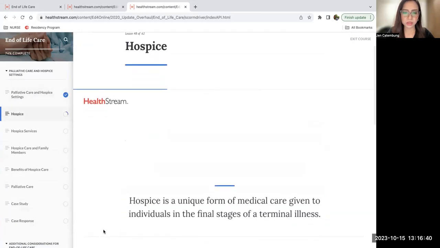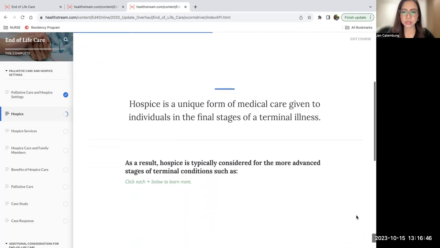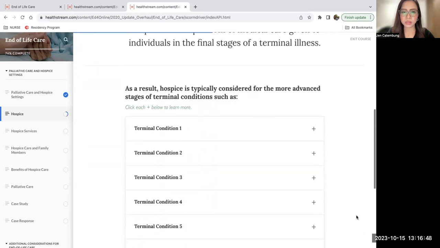Hospice. Hospice is a unique form of medical care given to individuals in the final stages of terminal illness.